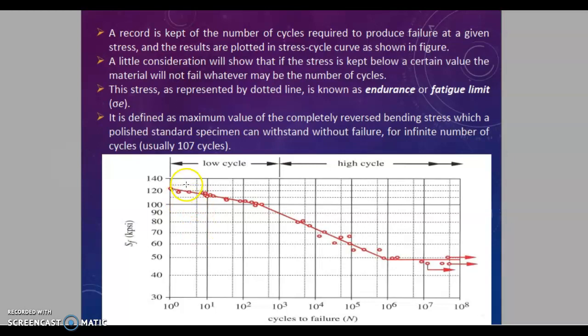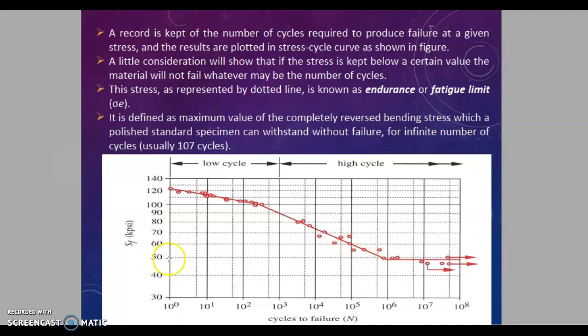The various values are drawn on a graph, on an S-N graph, and the graph will be obtained like this. See here, a record is kept of the number of cycles required to produce a failure at a given stress, and the results are plotted in a stress-cycle curve as shown in the figure. A little consideration will show that if stress is kept below a certain value, the material will not fail whatever may be the number of cycles.